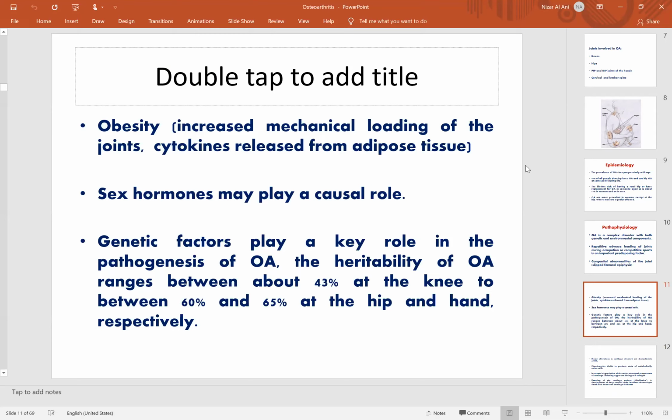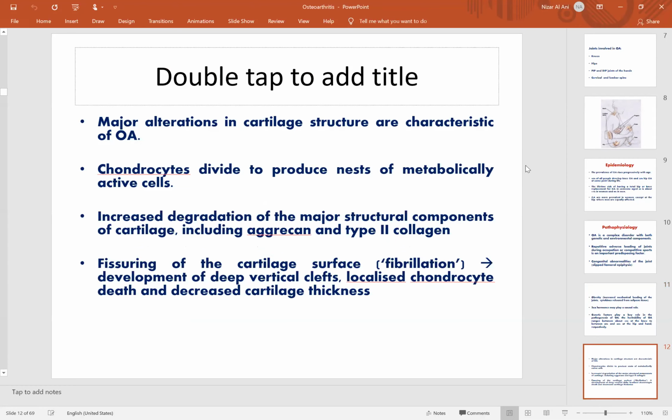That's why the disease is more common in women. We have genetic factors which play a key role in the pathogenesis of osteoarthritis. The heritability of osteoarthritis ranges between about 43% at the knee to 60 and 65% at the hip and hand, respectively. Major alterations in cartilage structure are characteristic of osteoarthritis, as we said previously.